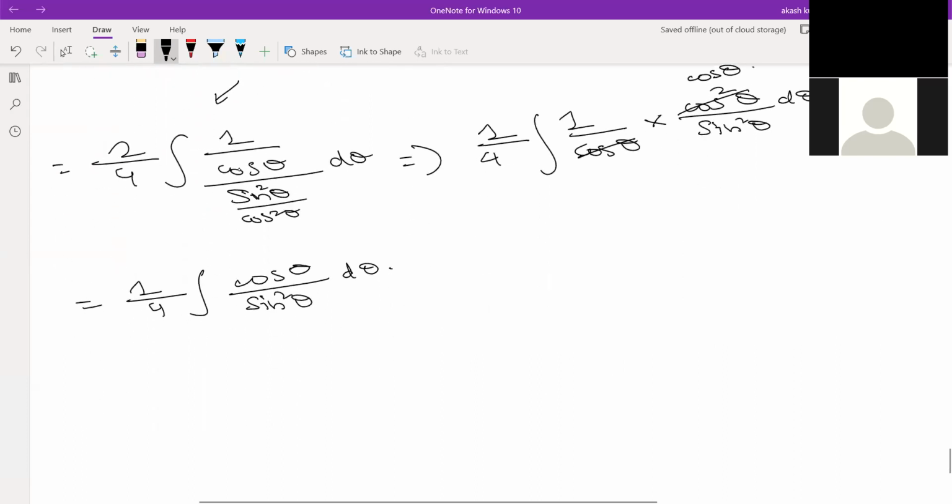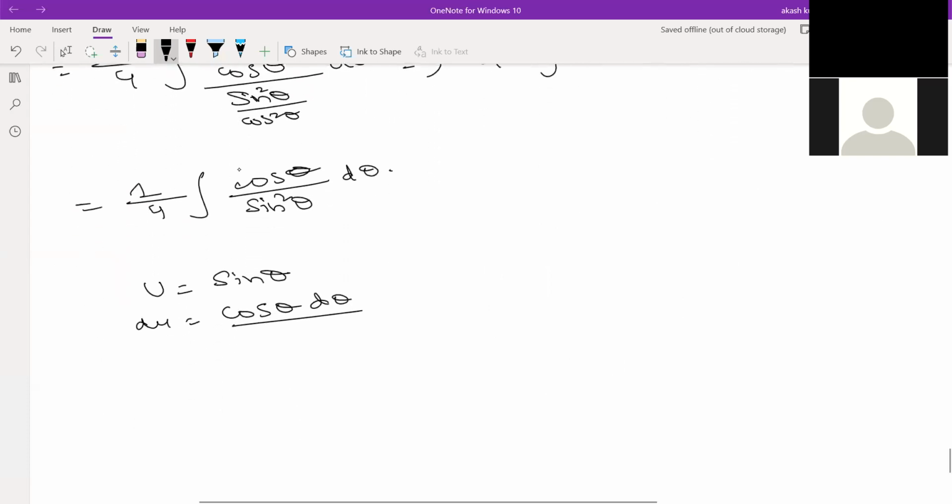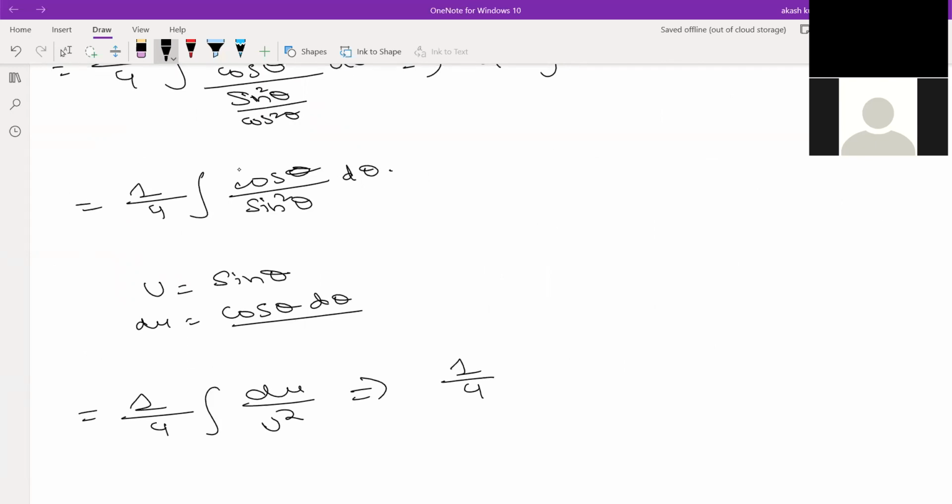Now the function is in the form of sine and cosine. I can apply the u substitution here, taking u as sine theta. My du will be cos theta d theta. Now I have cos theta d theta in the function, so it becomes 1 over 4 du over u squared.